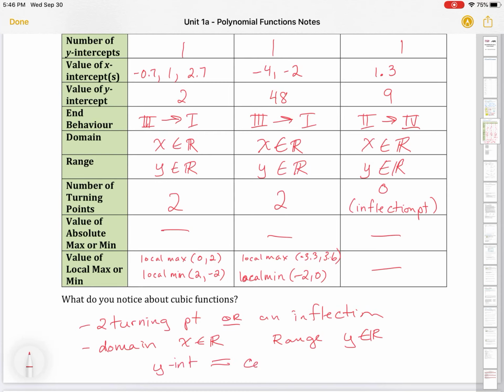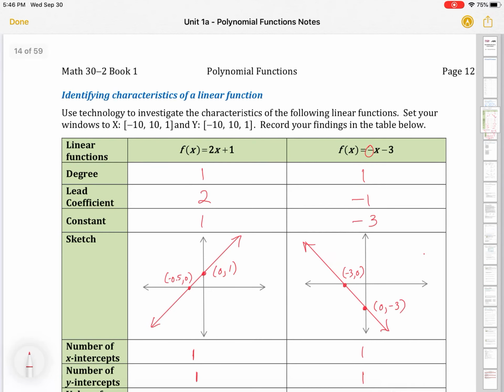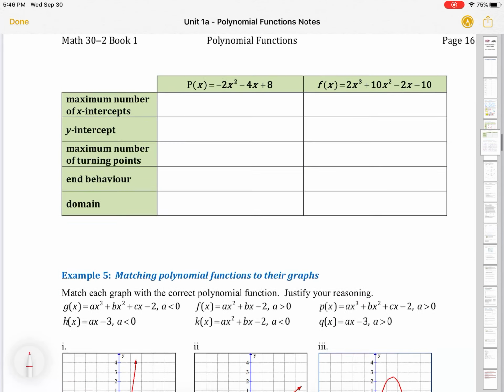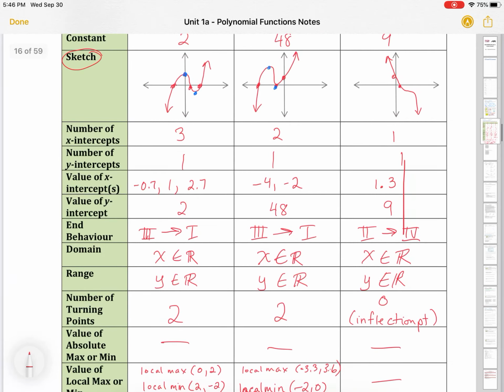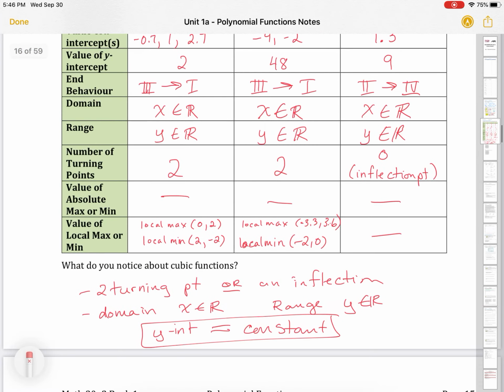We may notice that the y-intercept is equal to the constant. That's for all of the functions though. There might be some other things that you notice. Feel free to add any other comments of things that you might have noticed when you were looking at this.